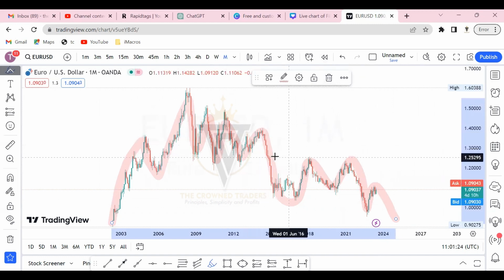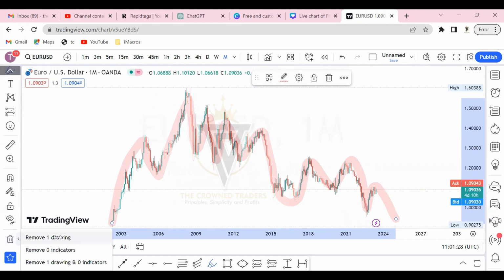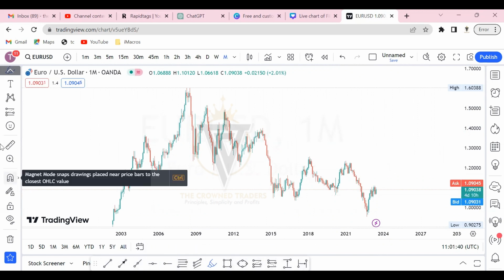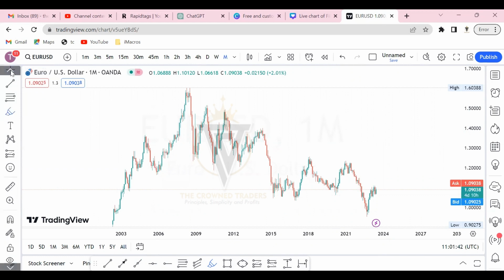Once that is done, you can now go a bit lower. You have seen that this chart on Euro USD has been going higher for a while.